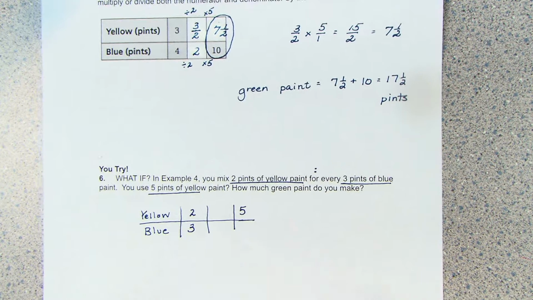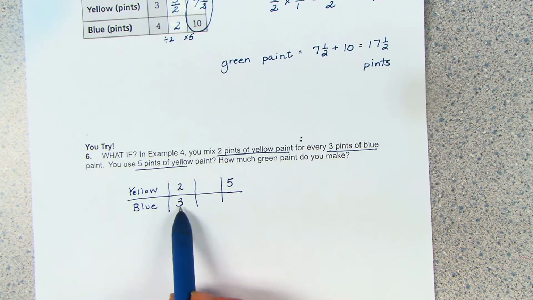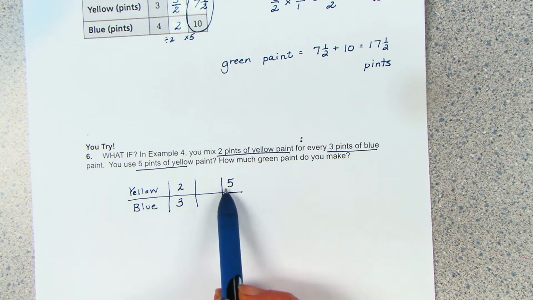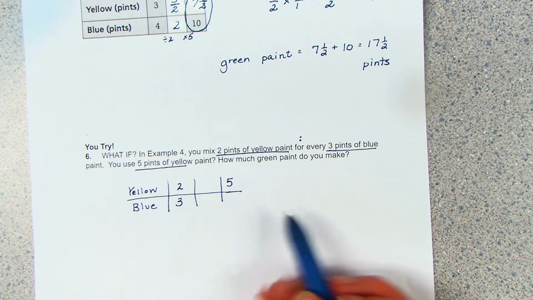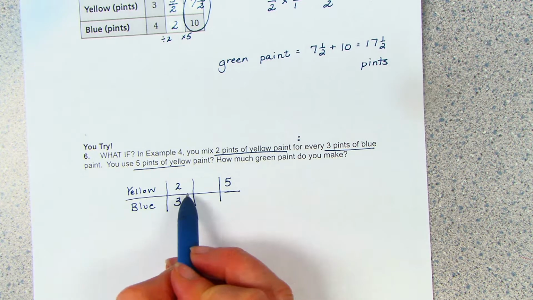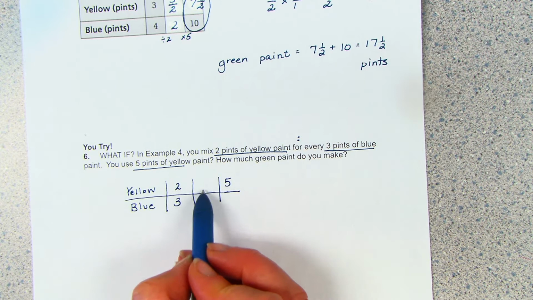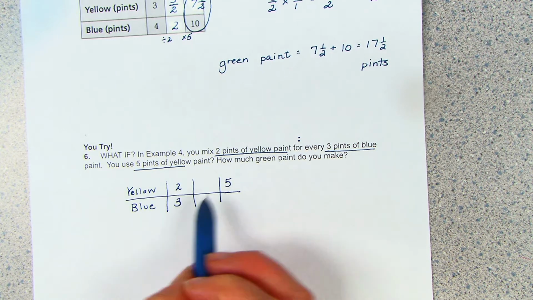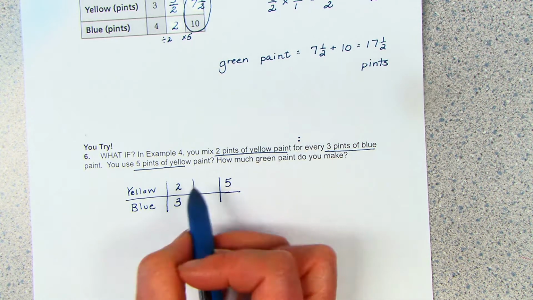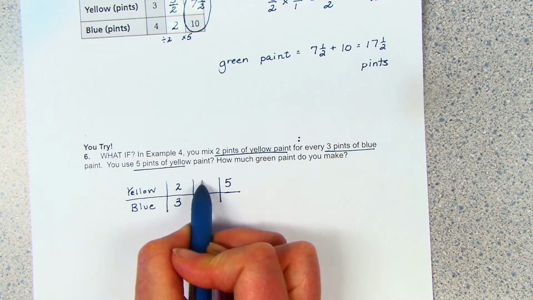Okay, so back to this problem. 2 pints of yellow to 3 pints of blue, and we're going to use 5 yellow. So now I need a common point, and I don't see anything in between here, huh? I wonder if I could go up. Do you think I could multiply and have 10 here in the middle?